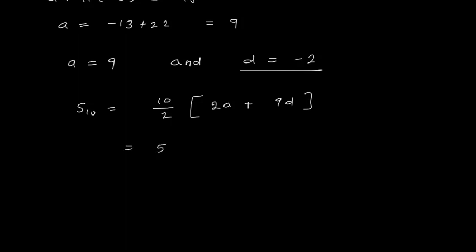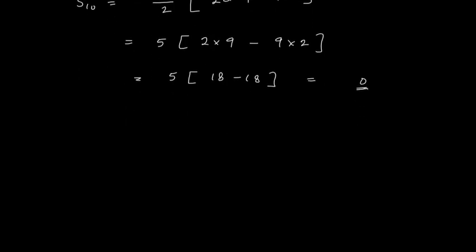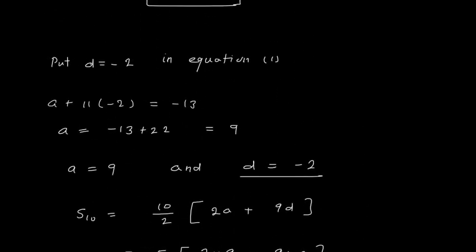So this is 5 into 2 into 9 minus 9 into 2, d is minus 2. So this is 5 into 18 minus 18. 18 minus 18 is 0. So the value of S10 is 0. The sum of first 10 terms is 0.